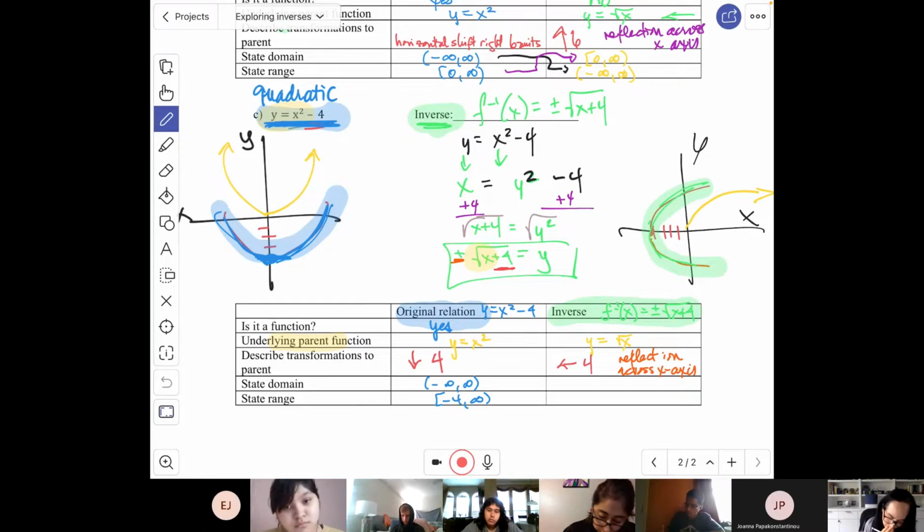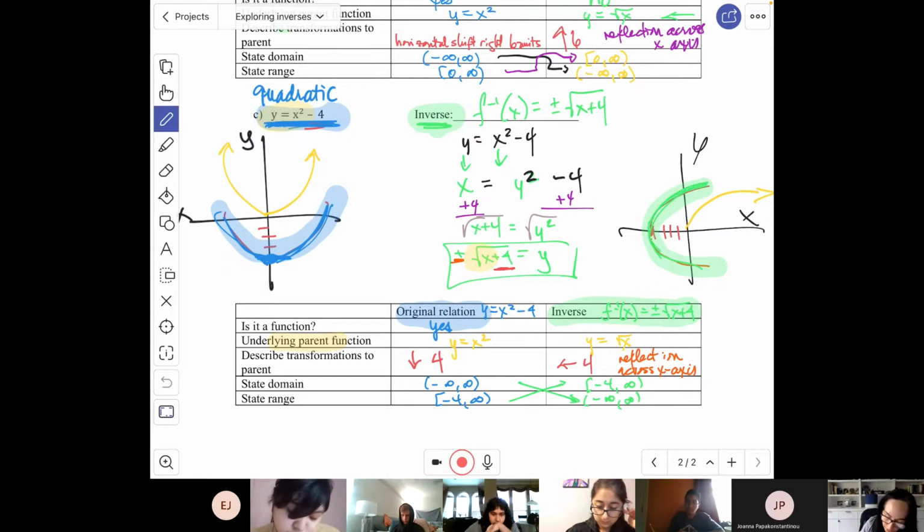What is the domain? -4 to infinity. And I know that because it's the range of the original. And what is the domain of this inverse relation? All real numbers. And again, I know that because it is the domain of the original relation.